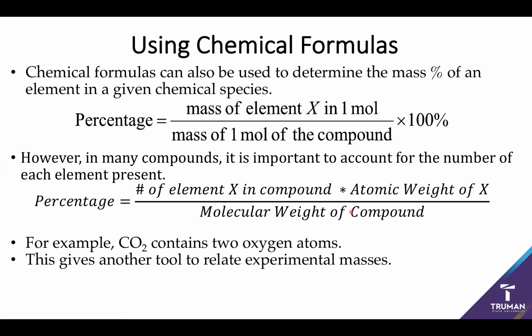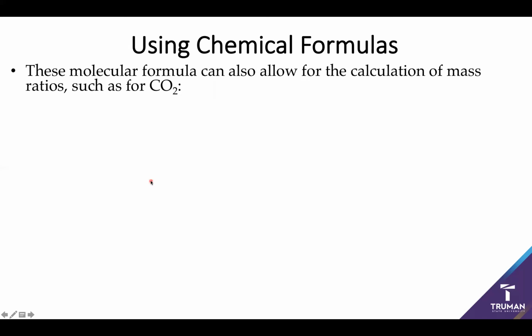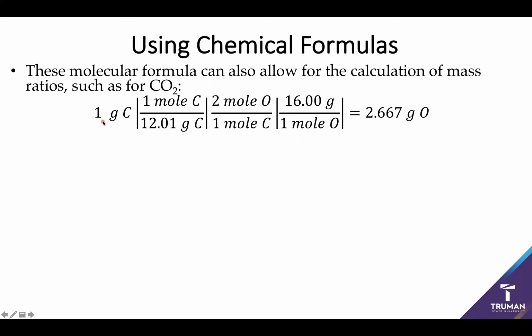That, as we saw, was really how early chemists first started determining what molecules were what, because they gave us those empirical formulas. So we can use, again, the molecular formula for CO2 to calculate the mass ratios. For example, if I've got 1 gram of carbon, I can figure out the mass of oxygen. First, we go through our unit analysis, starting with grams of carbon. I can use the molecular weight of carbon, then the stoichiometric ratio: I have twice as many atoms of oxygen as I do carbon.